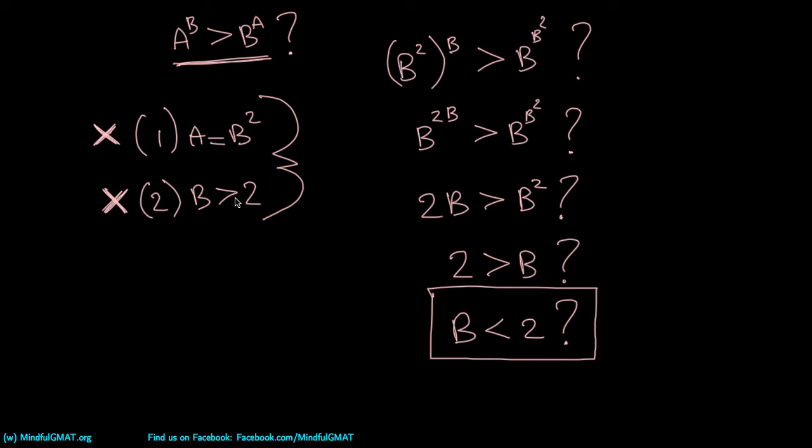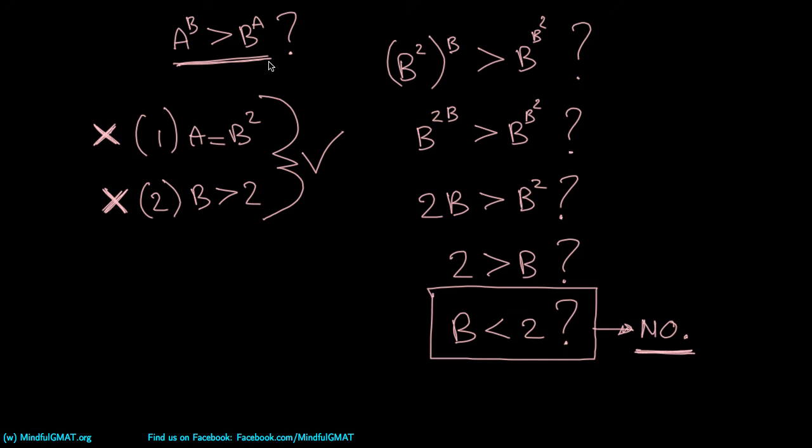And with the second piece of information we know that b is larger than 2, therefore we know that the answer to this question is no. It's a definite no. And therefore both pieces of information are sufficient to answer the question asked, because you can answer this question with certainty. You can answer the question with no. And answering the question with no is sufficient to know that you can answer this question.